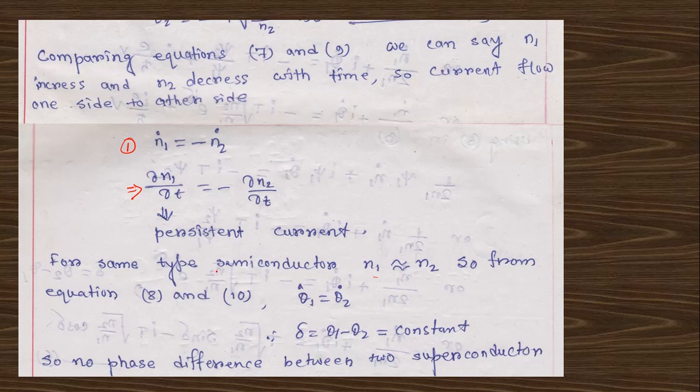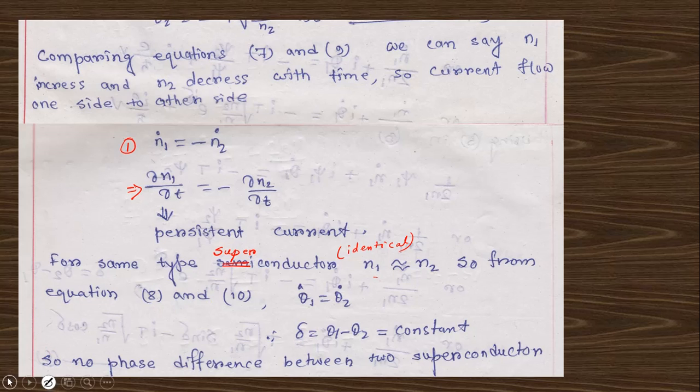Now if there are the same type, identical superconductors, then the number density will be nearly equal.